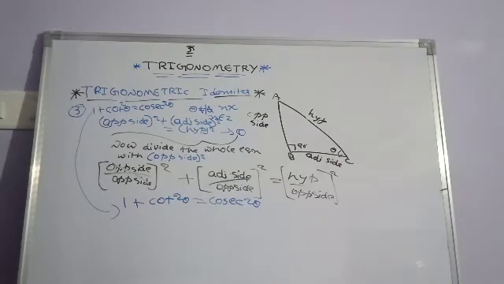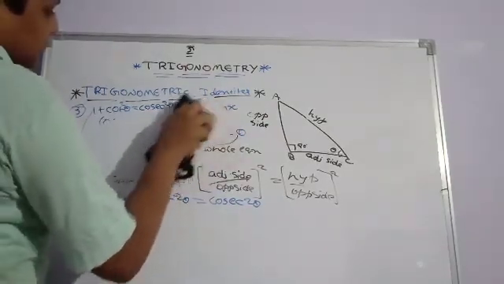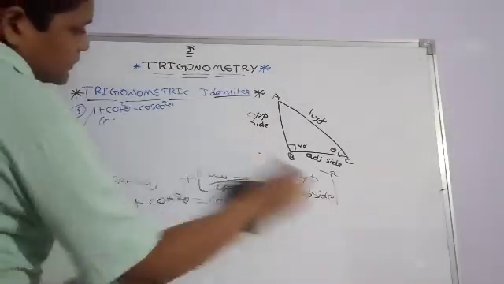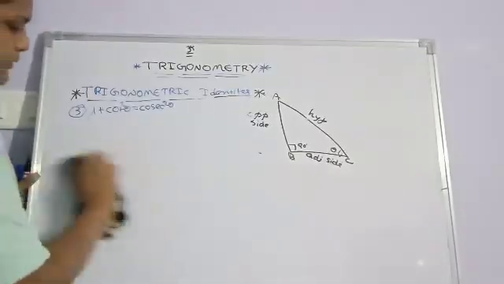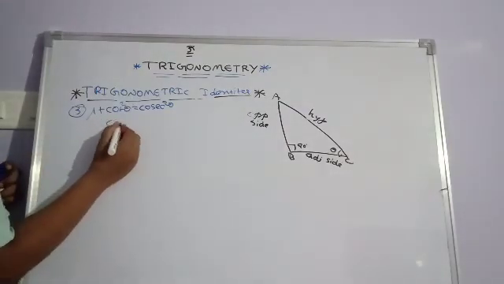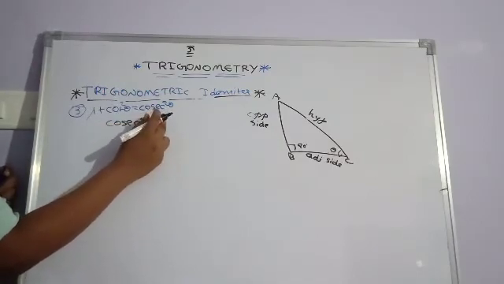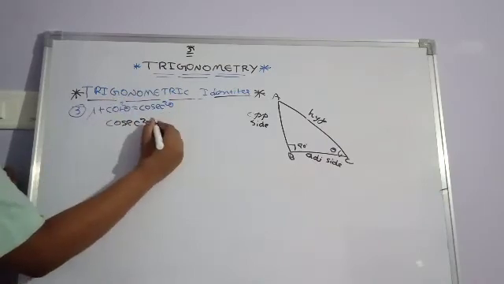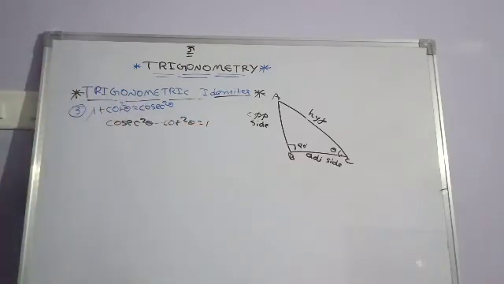Let us learn the remaining forms of this. Cosecant square theta minus cot square theta is equals to 1.